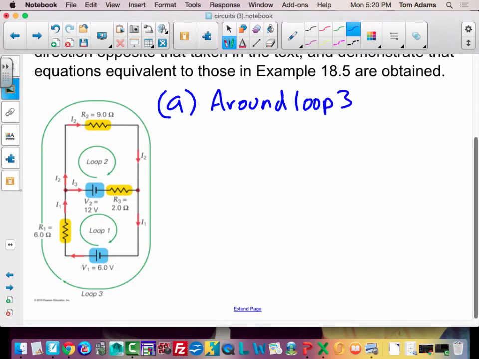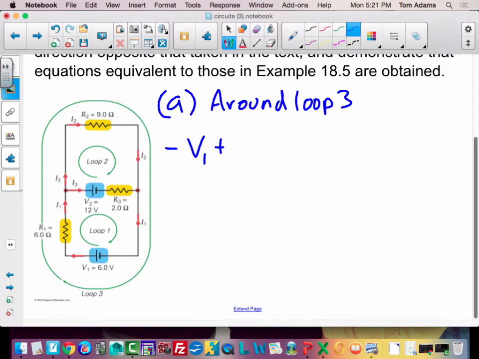And we're going to calculate the voltages. And so if we go in the opposite direction, then our voltage should be negative V sub 1 plus the voltage of the resistor.